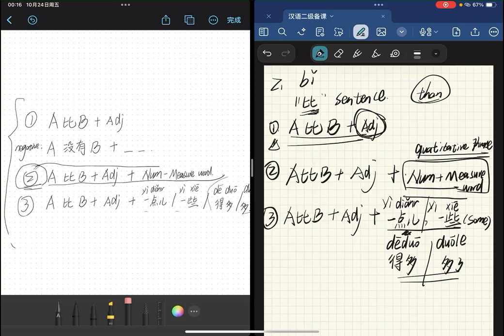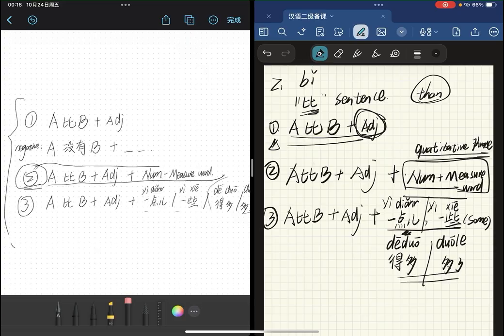But let's see the second structure. If the difference cannot be measured by numbers, or we don't want to calculate it, we can use words expressing the degree. So we can change the number word to the word expressing degree.